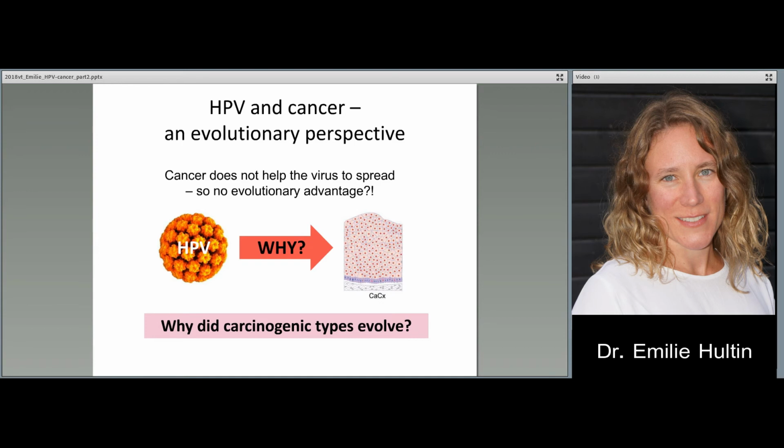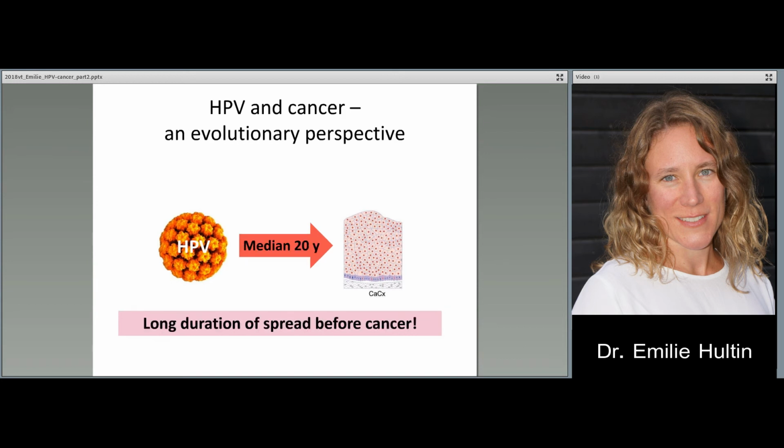But cancer, as I showed you, does not help the virus to spread. So there is no evolutionary advantage for the virus to become oncogenic. So why did those high-risk types evolve? The time is the important factor here. As you remember, for an HPV infection to cause cancer, it takes at least 10 years.